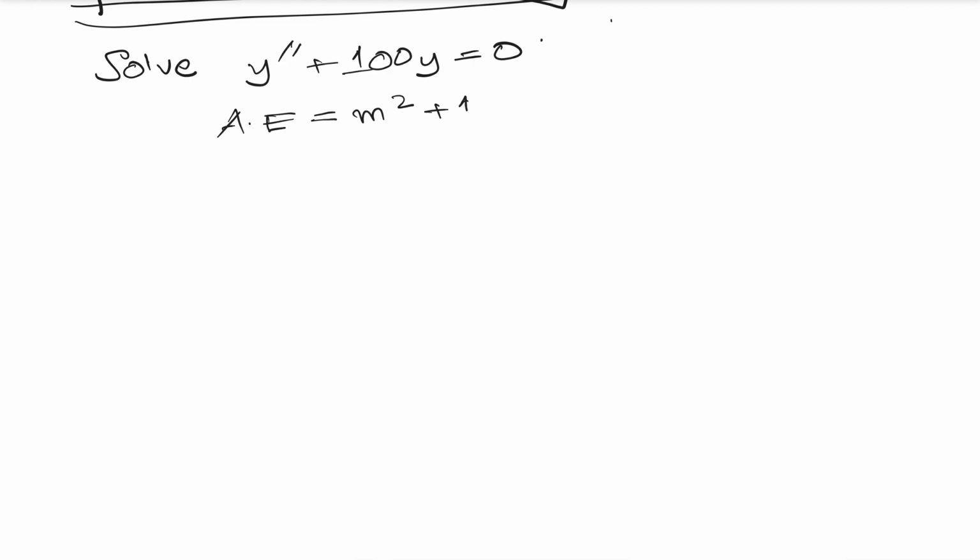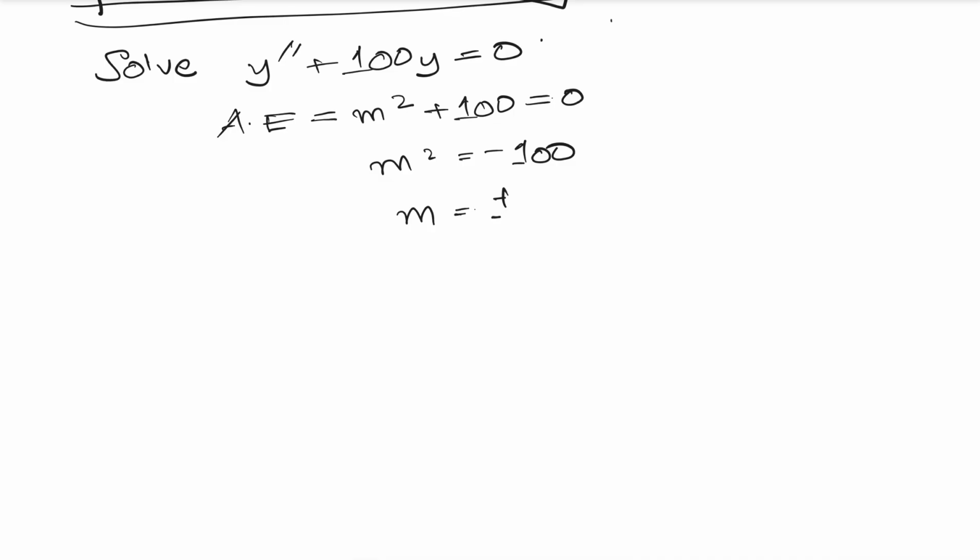That is, solve y double prime plus 100y is equal to 0. Finding the auxiliary equation, m square plus 100 is equal to 0. M square is equal to minus 100.